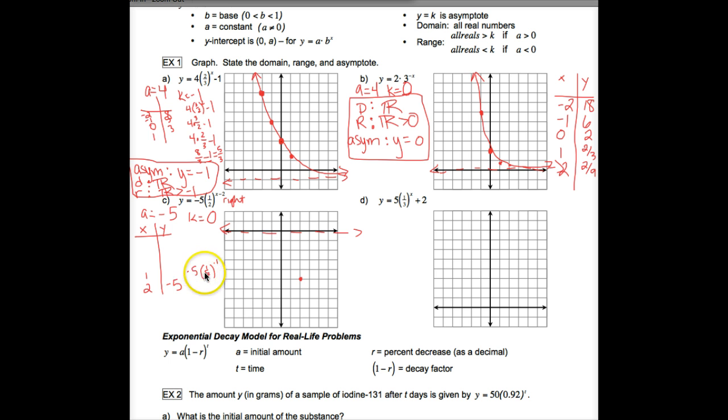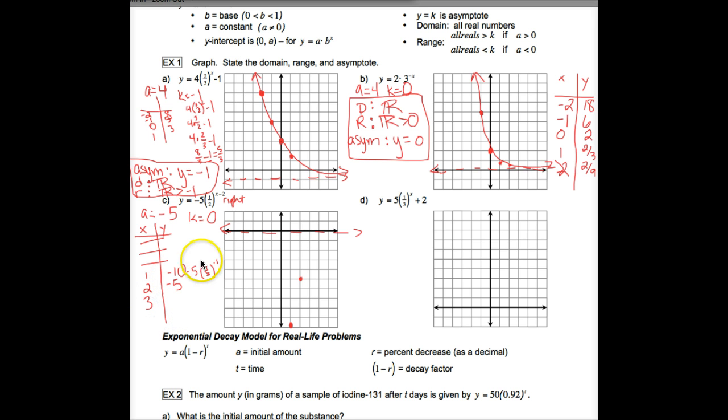So -5 times 2 gives me -10. So 2, 4, 6, 8, 10. It's the last spot on my graph. It does fit. Obviously 0 is not going to fit. Anything over here is going to be way too small. I mean, it's on there, but it's too small to list.